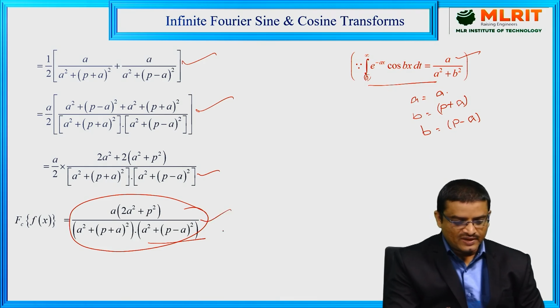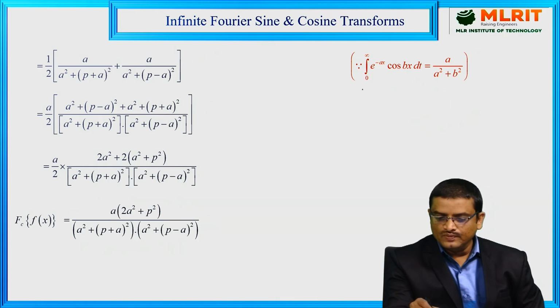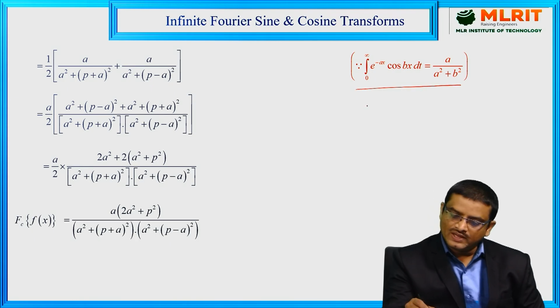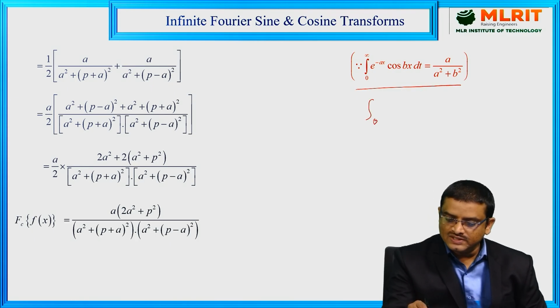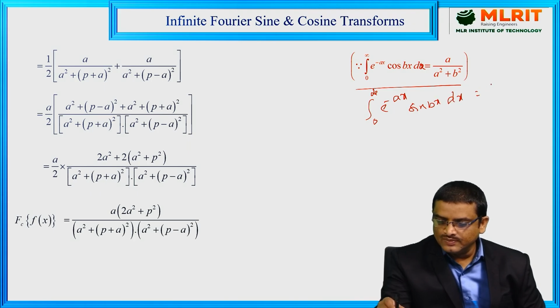So this is the way we can use it. Now just remember this formula. We have another formula, integral 0 to infinity e power minus ax into sine bx dx, which can be written as b by a square plus b square.